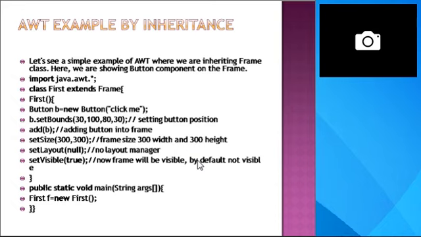Each operation is performed on this button by the object of this class, and b is the object of the Button class. Each operation is performed on the basis of the object. First of all, b.setBounds, and this method of the Button class is used to set the coordinates, left to right, bottom to top.